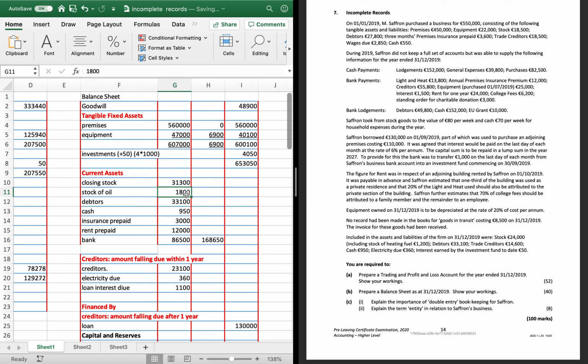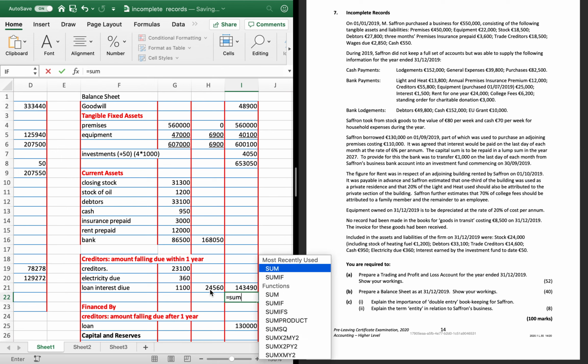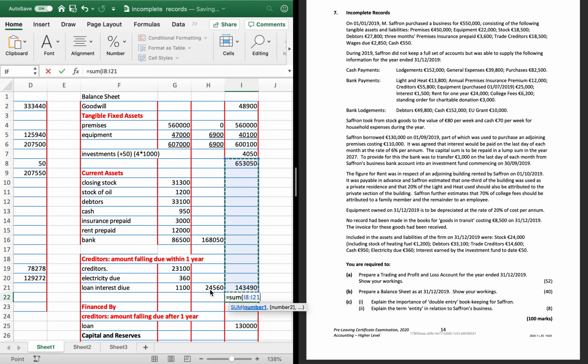Stock of oil. Let me just check these. There's so many. Stock of oil is 1,200. Just making sure I remember to change my creditors as well. They look right now. So your creditors, we did change that 23.1, so they should be right. So we'll add them together. Hopefully this is going to work out. 24,560, which we'll take away from our current assets, and then add on to your fixed assets.